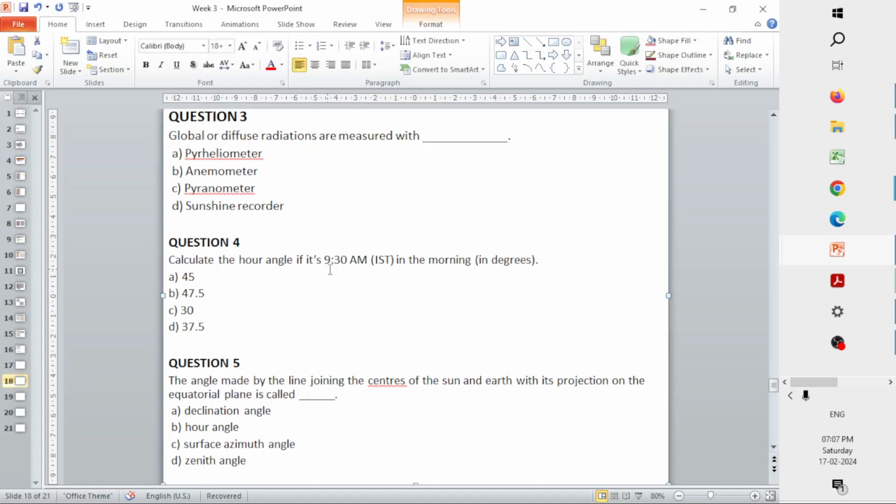Because this one asks to calculate the hour angle if it is 9:30 a.m. IST. Actually, I have taken only those questions which people might have doubts about. You can easily say the answer is biomass. I guess that is the question if I am not wrong. Everything will be there in the PPT.